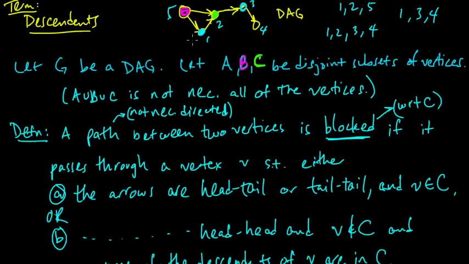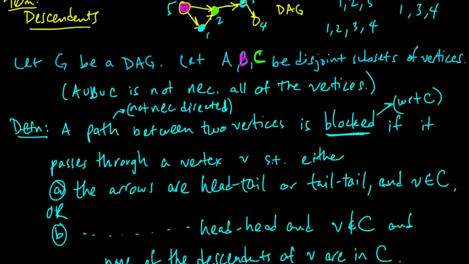And the other one, this is actually a good example. Let's look at the path 1, 2, 5. It starts from 1, goes to 2, goes to 5. Is it blocked? No. The only intermediate vertex on the path is 2, so it's the only vertex where any of these relationships could apply.